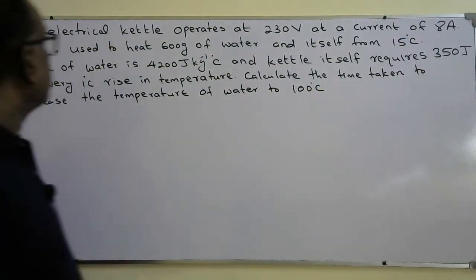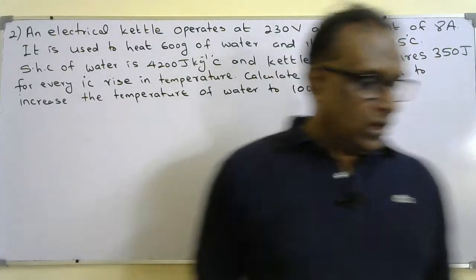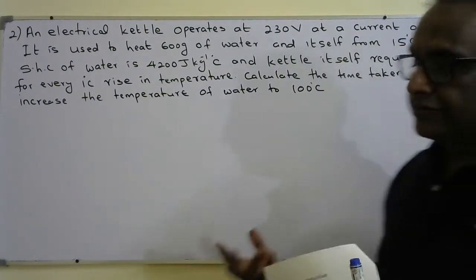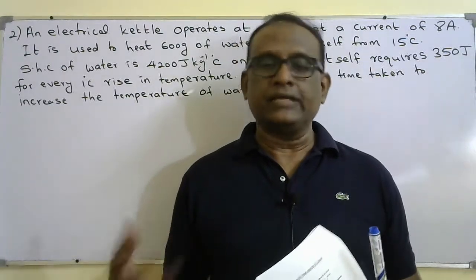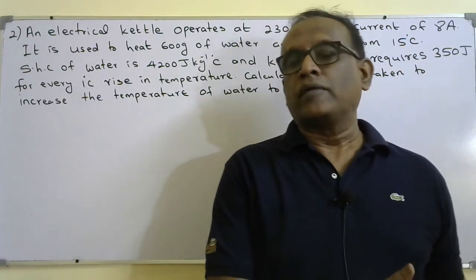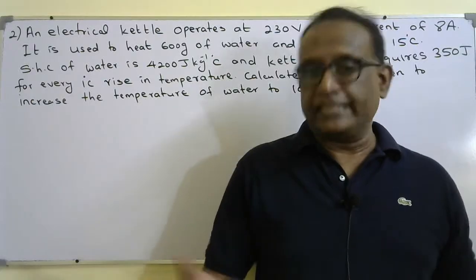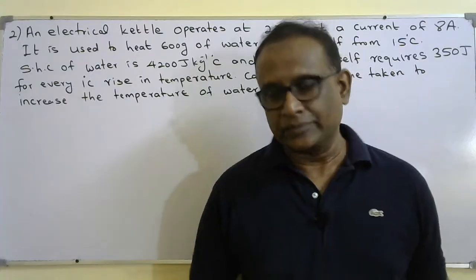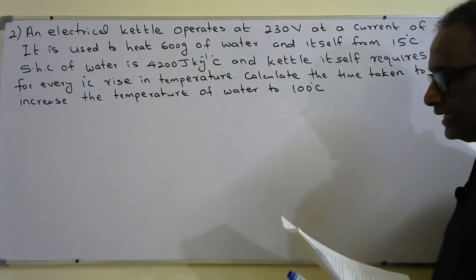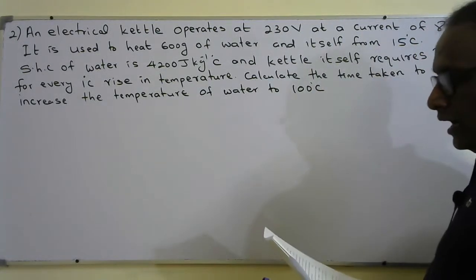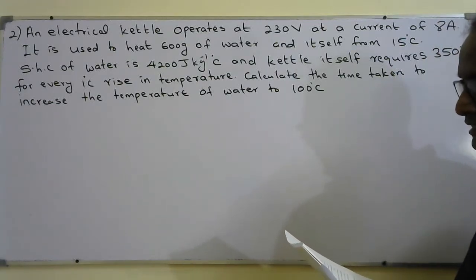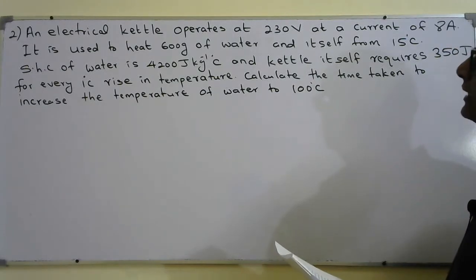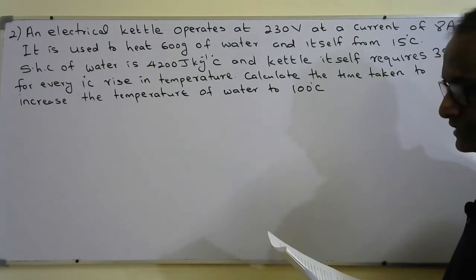Okay, so this is the second question. An electric kettle operates at 230 volt at a current of 8 amperes. So we can find the input electrical power, P equal VI. The output power in the form of heat is also the same, because we normally take the efficiency of the heating coil as 100%. It contains 600 grams of water, and the temperature of the water and of the kettle itself increases from 15 degrees Celsius.